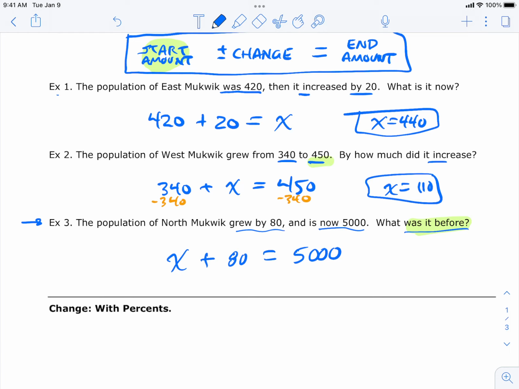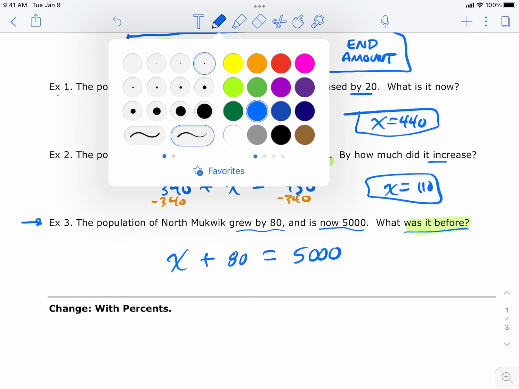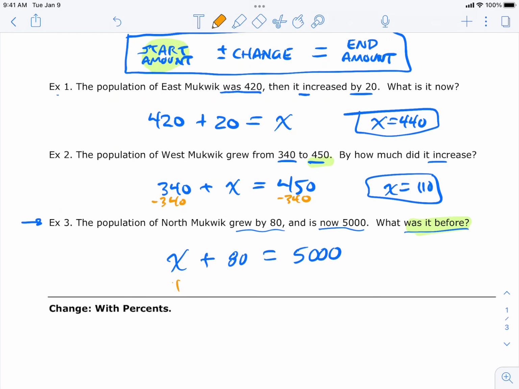So there's what your formula looks like. There's only 3 things to plug in, but if you don't plug them in the right places, you're going to be bummed. So we started at, don't know, x, and we then went up by 80, and we ended up at 5,000.